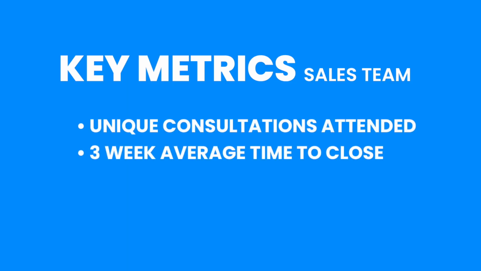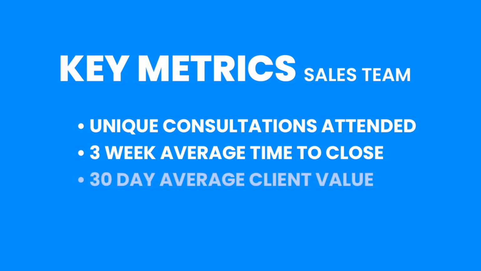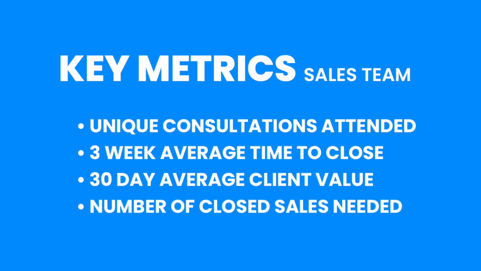Your 3-week average time to close, meaning on a 3-week time window, what's your consultation close rate? What is your rolling 30-day average client value, so that you can make sure you're not going down in quality of clients in your business? And then how many closed sales do you need?